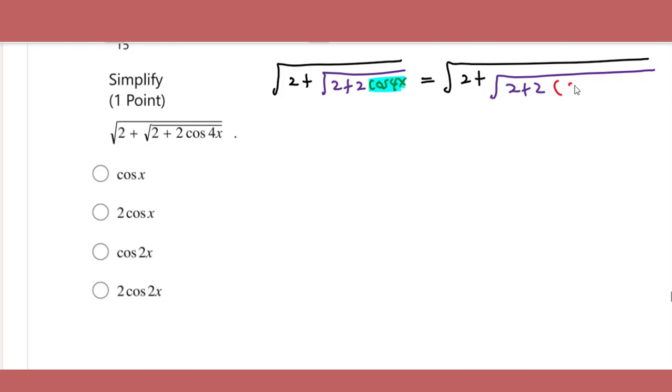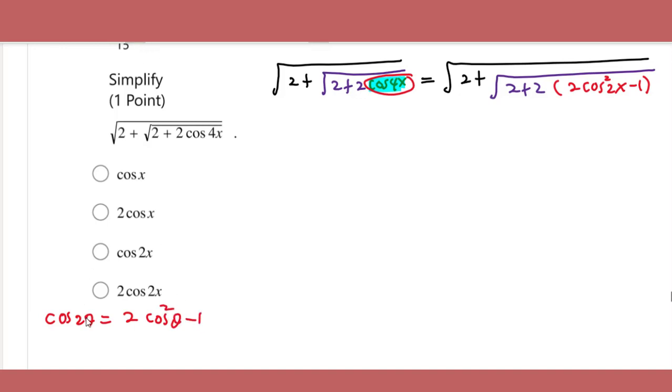Here is 2 cos 2x squared minus 1. Double angle is cos 2 theta equal to 2 cos theta squared minus 1.